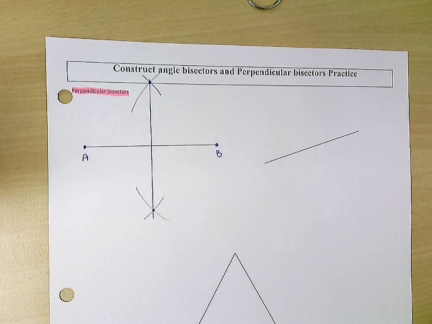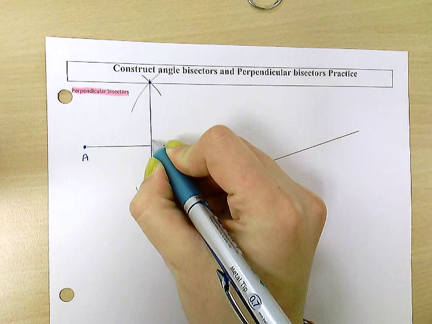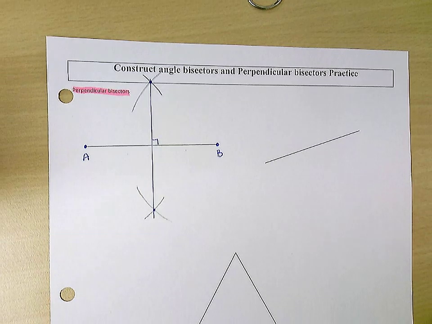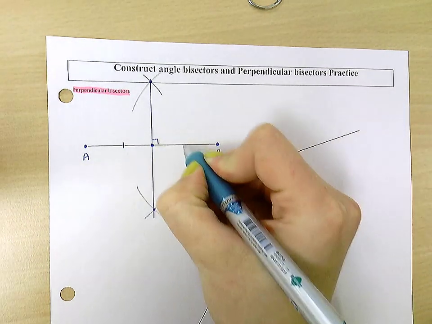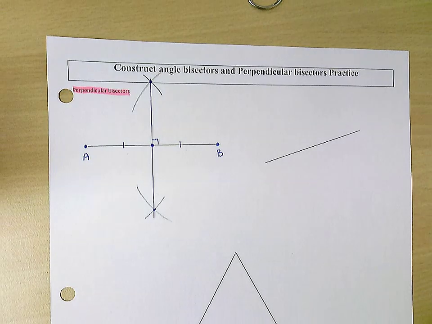That is a perpendicular bisector of that segment. So it is perpendicular to the segment, and it does hit at that midpoint there. So it does split that segment in half.